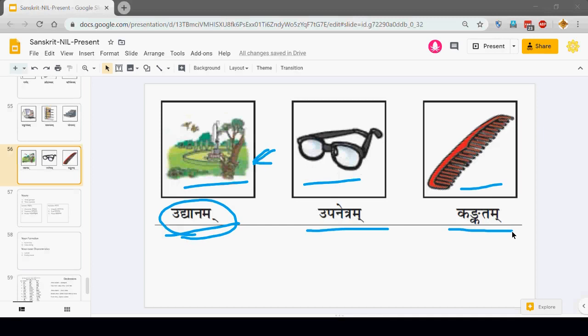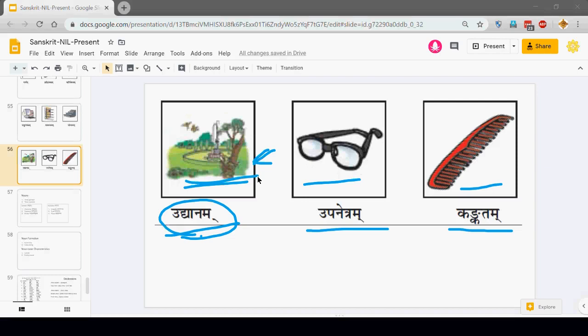The word, this is to be underlined and it is very important. The gender is of the word, not of the object in Sanskrit language. The gender is of the word. Gender belongs to the word. There is a separation between the word and the object here.